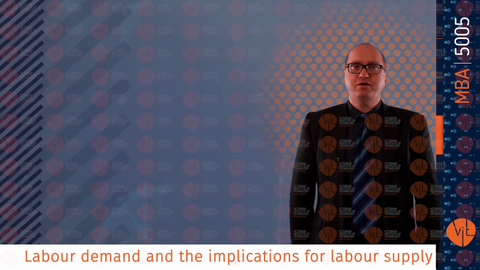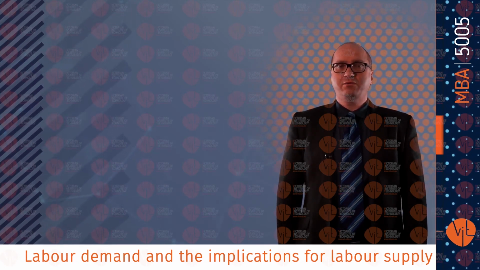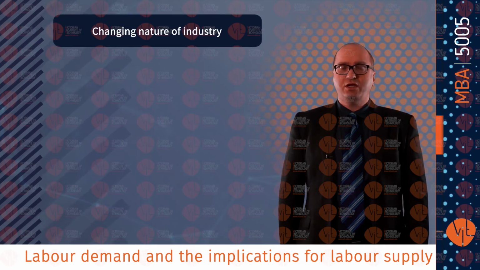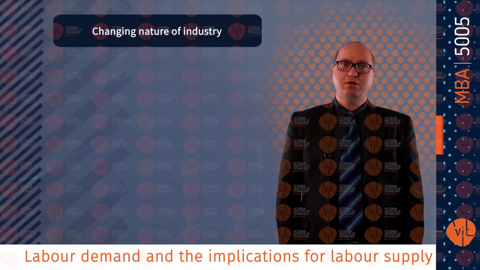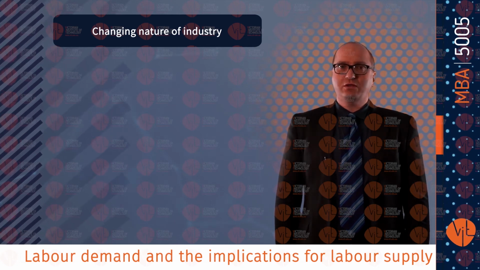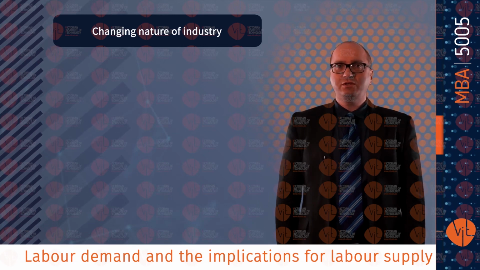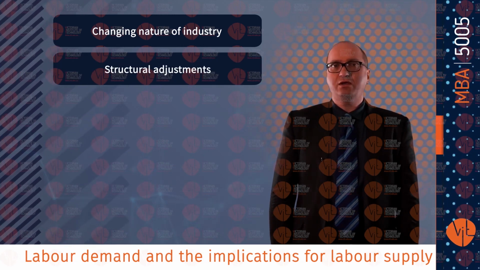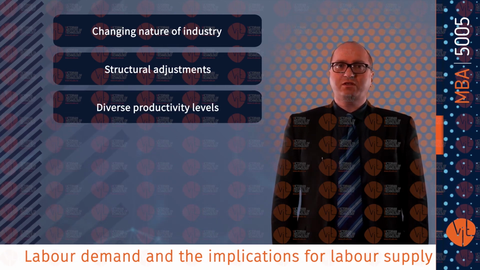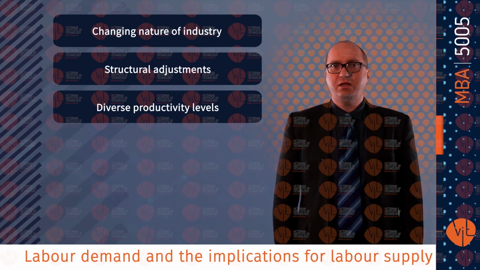There are a lot of changes happening in labor supply and labor market. Some of these changes are related to changing nature of industries, where more than one industry is integrated into another. Shortening of the life cycle is creating a blur between industries. Structure is changed and adjustment is being made to the way industries are functioning. Different productivity levels also are affecting employment and labor supply.